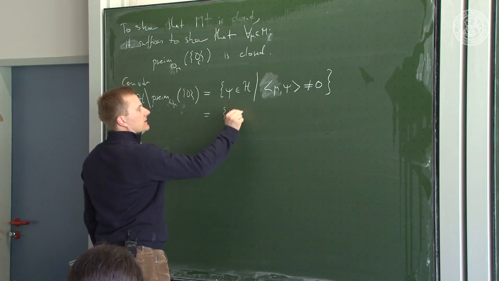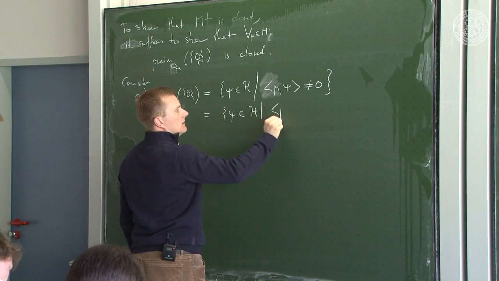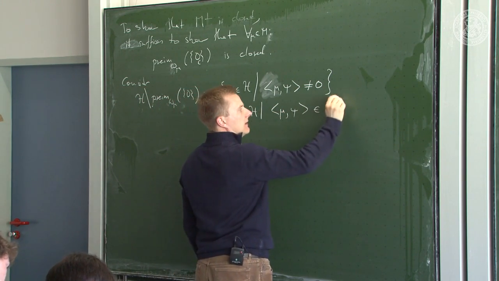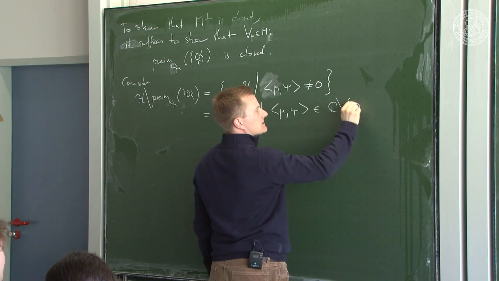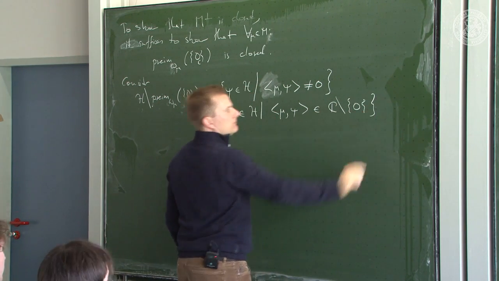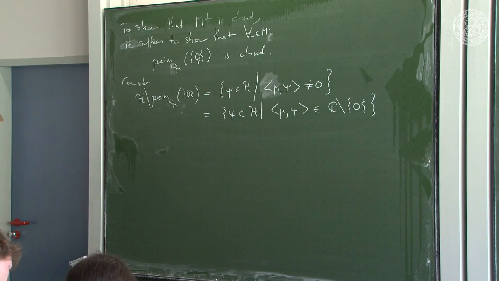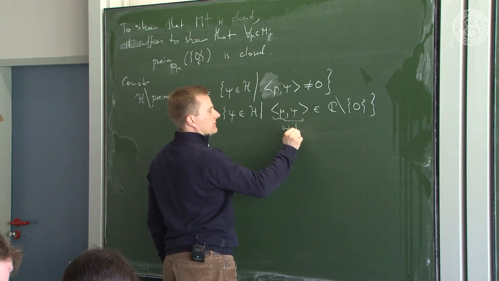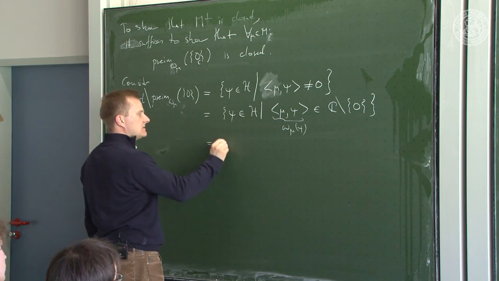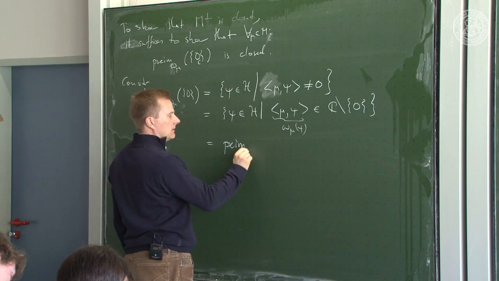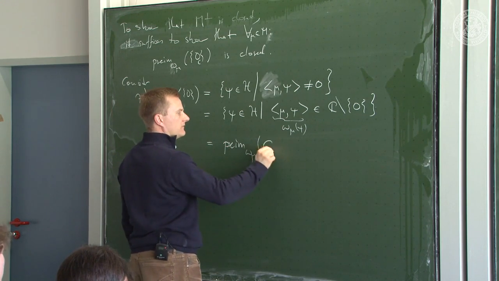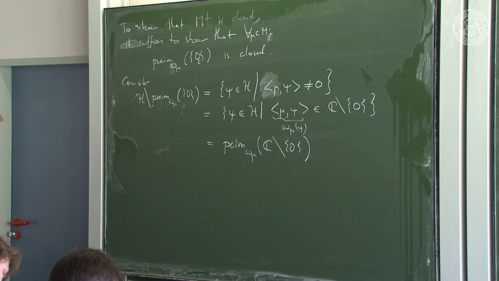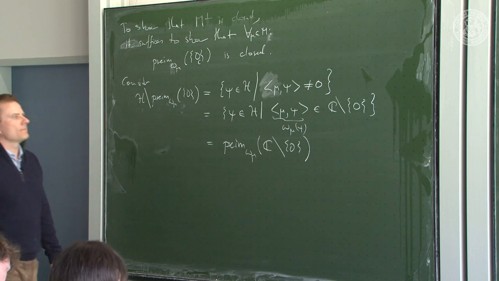Well, but this can be rewritten: psi in H such that mu psi is an element of the set of any complex number without 0. It can lie anywhere but there. And this here is, of course, omega mu of psi. But hence, this is the pre-image of omega mu of C without the 0, by the definition of the pre-image.